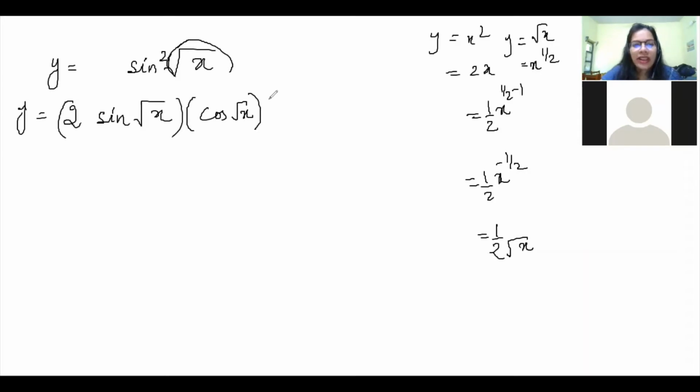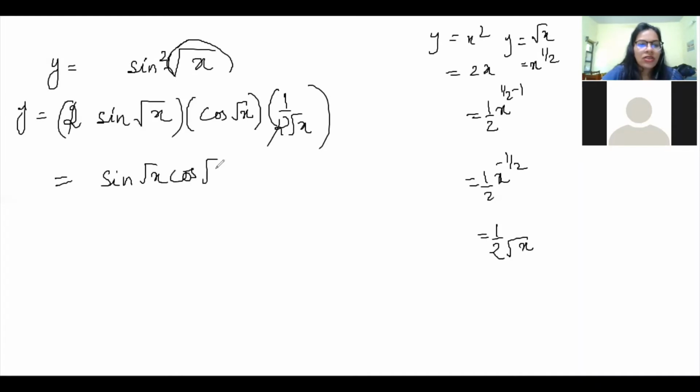So here we will write it is 1 by 2 root x. So this is your actual answer. So here the 2 gets cancelled and now you have sine root x, cos root x and 1 by root x.